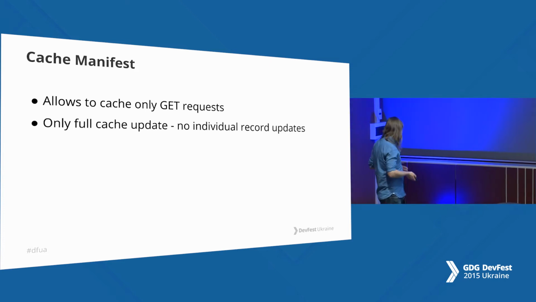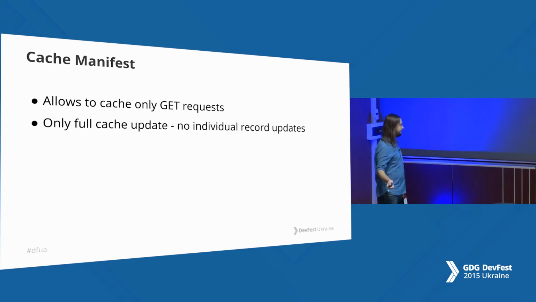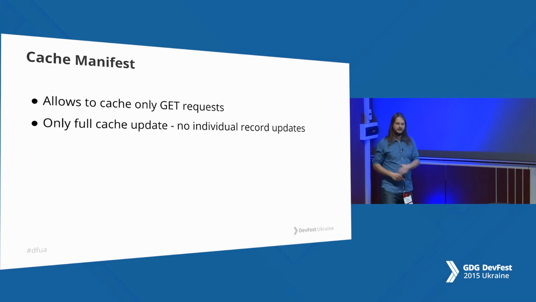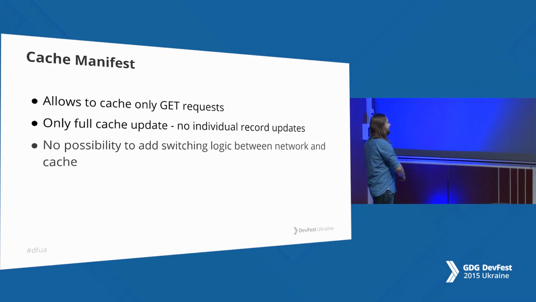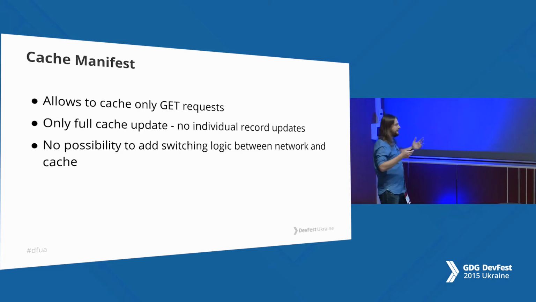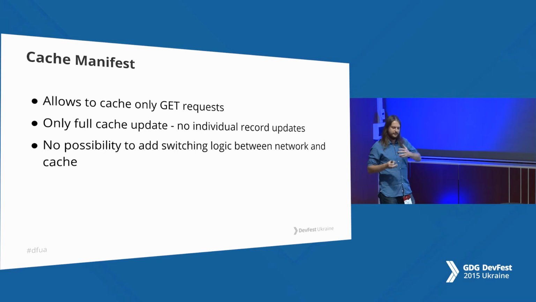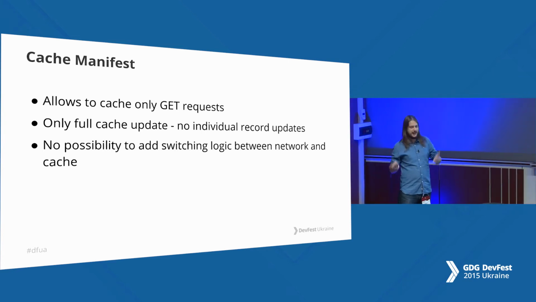It allowed only fully update cache, so no individual record updates, nothing. Just full cache update, and that's it. And you weren't able to add some logic when working with cache, so it was pretty straightforward. You just cache, and that's it. No logic.